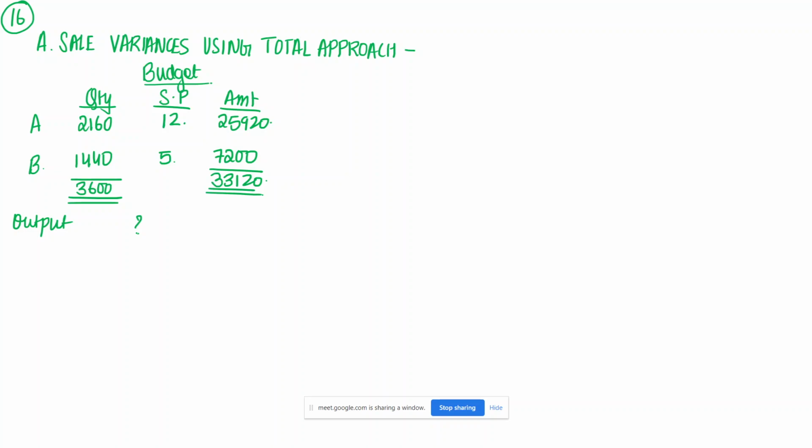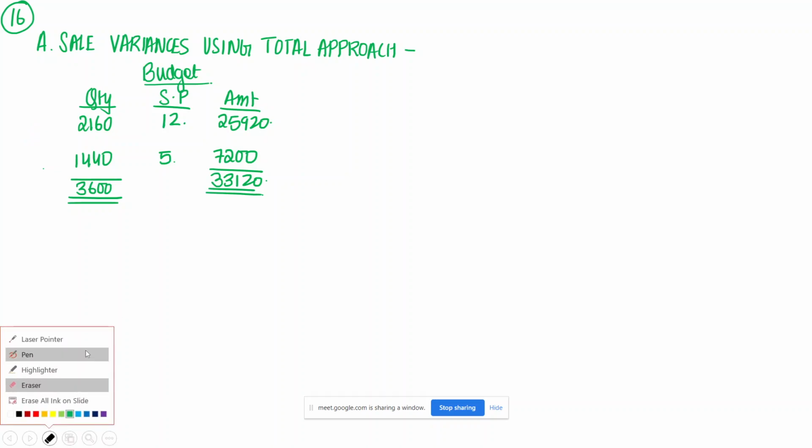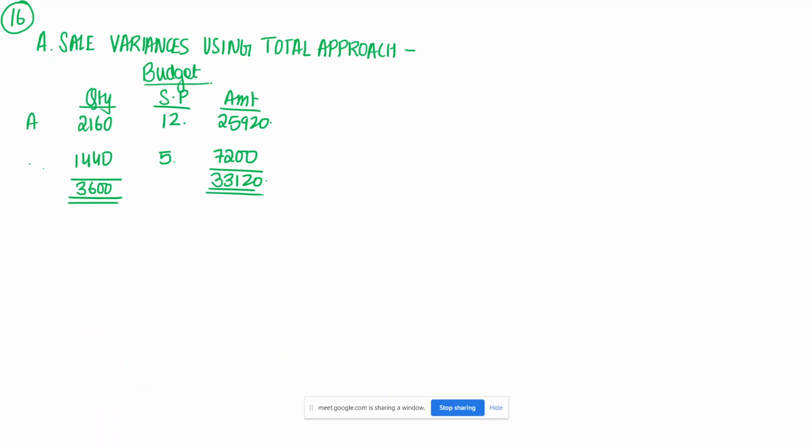So there won't be any output. Cost will have output, but sales is sales. Whatever is sold is sold. How much ever you sell, it is good for you. There won't be any output there. You are not going to compare it. You are not going to have the standard for actual output or anything like that.